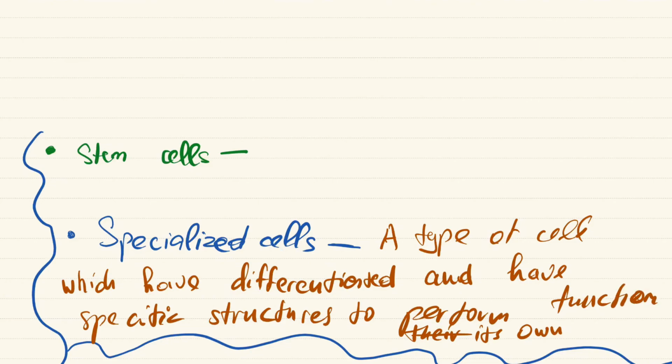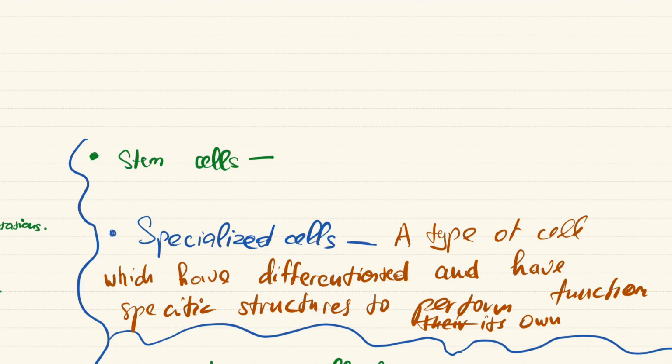So they have their own traits and their own specialized structures to perform a specific function.